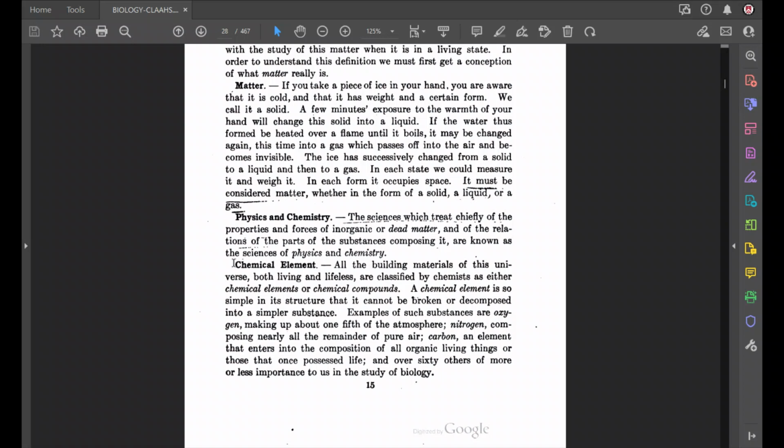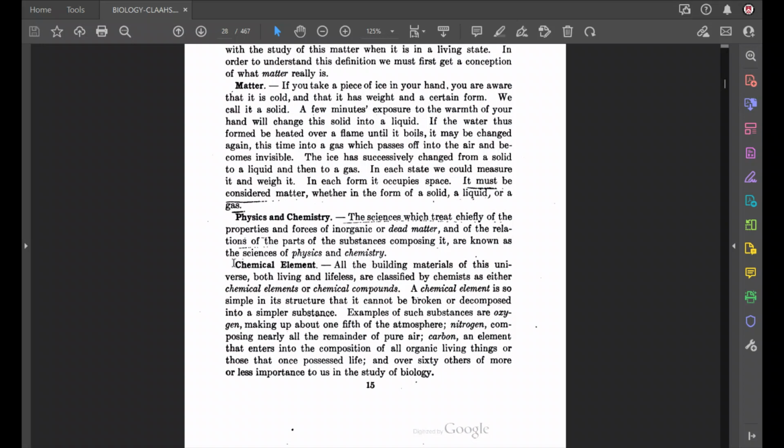Examples of such substances, examples of elements, are oxygen, nitrogen, carbon, and there are many others. And it's important to note that these are chemical elements.